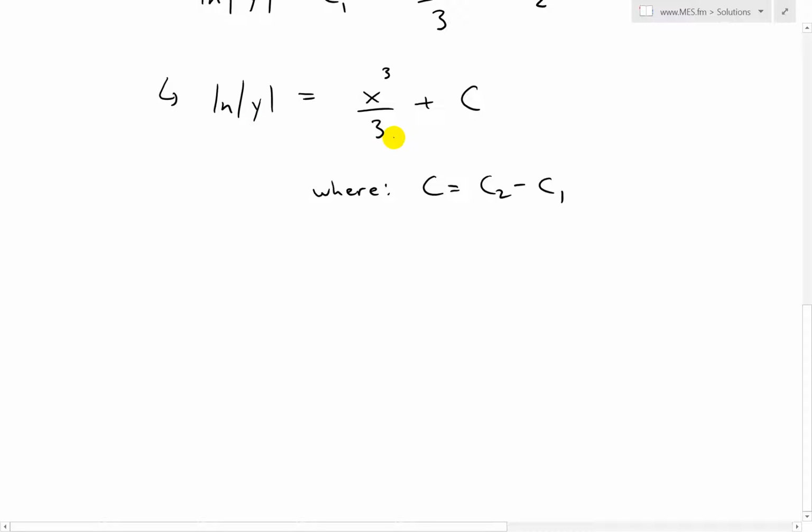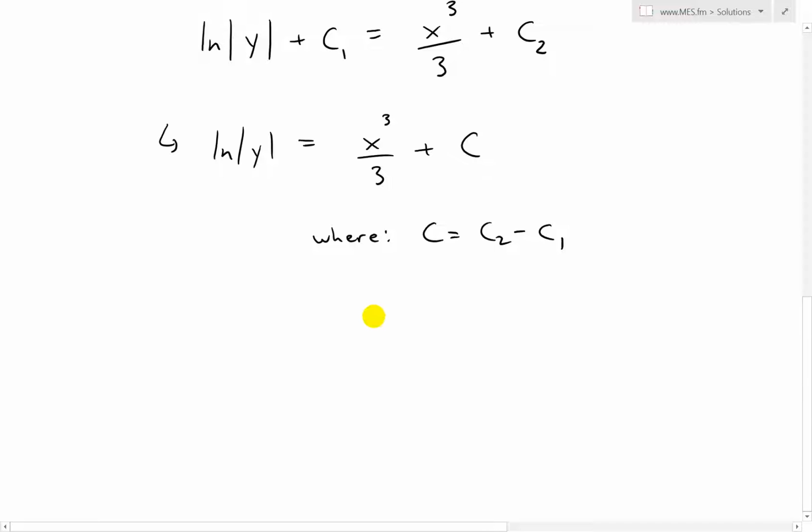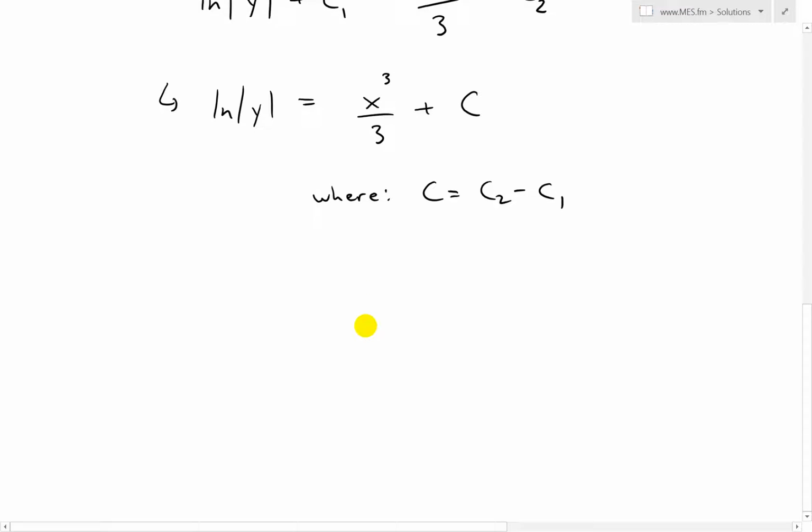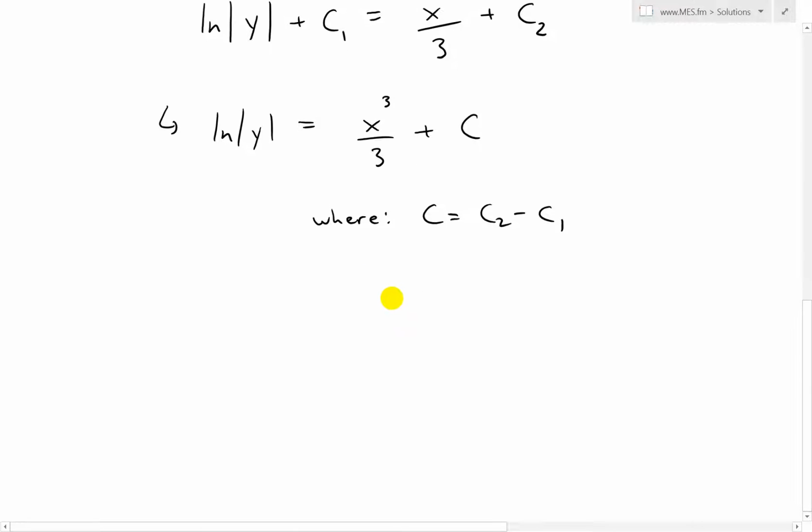We could do this by basically making both sides a power of e. So what we could do is write this as e to the power of ln of absolute value of y equals e to the power of x cubed over 3 plus c. We're doing this on both sides, so we're not changing anything.